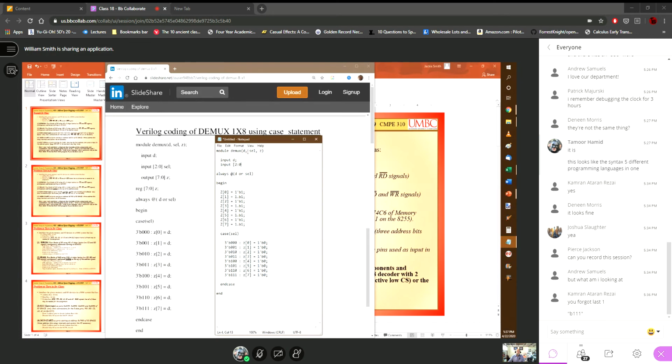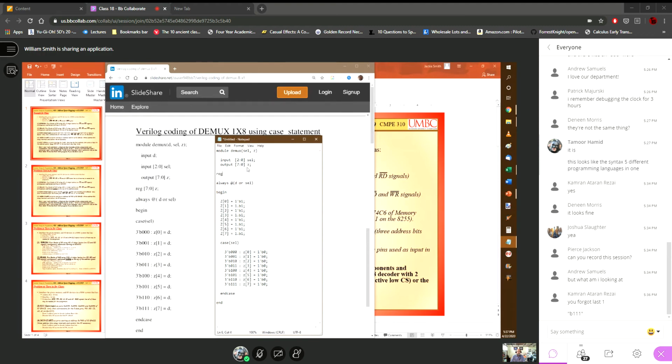So we're even going to get rid of that line. Input square bracket 2:0 square bracket SEL semicolon, output square bracket 7:0 square bracket z semicolon.